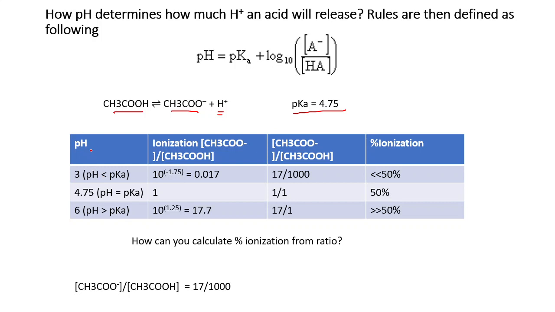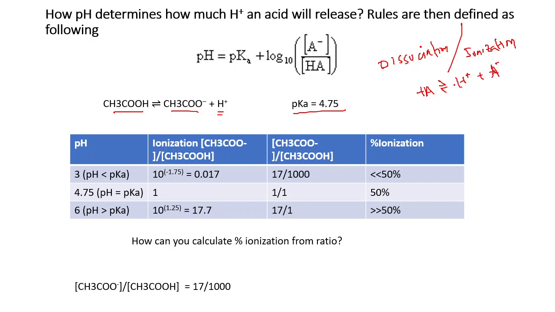Let's find out the dissociation or ionization at three different pH. We use the term dissociation or ionization to describe HA being dissociated into H plus plus A minus.